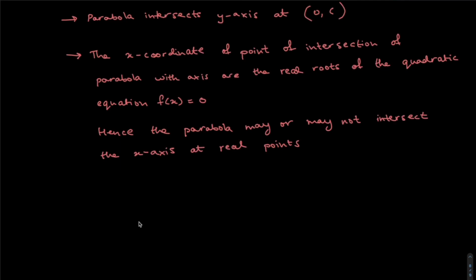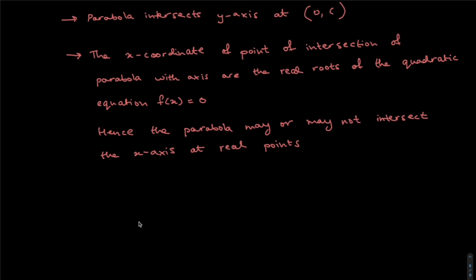All right. The fifth and the final point says the x-coordinates of the points of intersection of a parabola with the x-axis are the real roots of the quadratic equation f of x is equal to 0. Hence, the parabola may or may not intersect the x-axis at real points. So essentially, if you have a parabola which intersects the x-axis in two places, you're going to have two real roots.